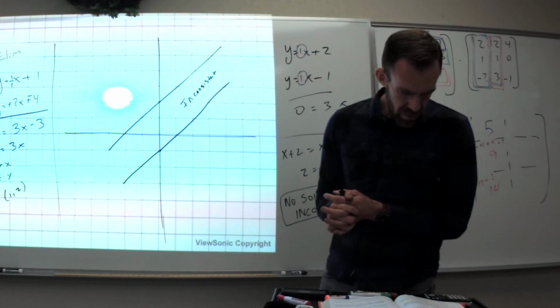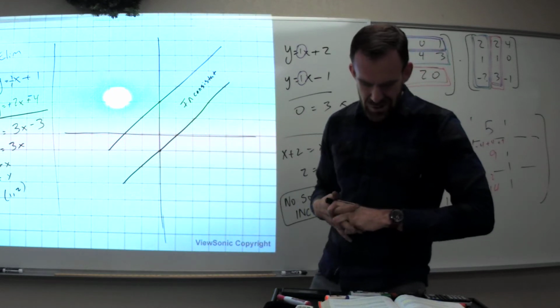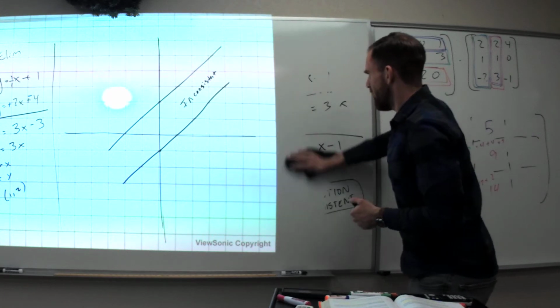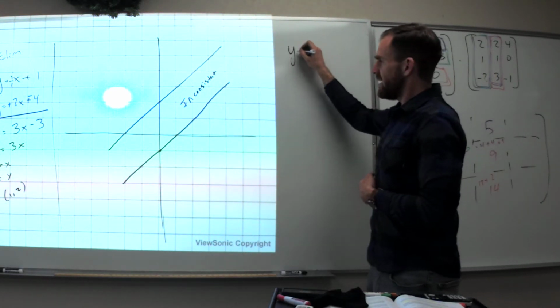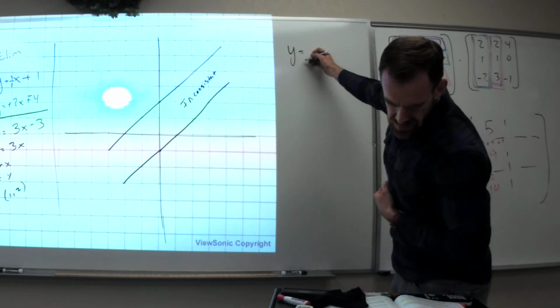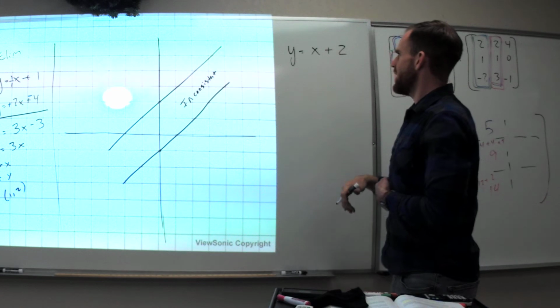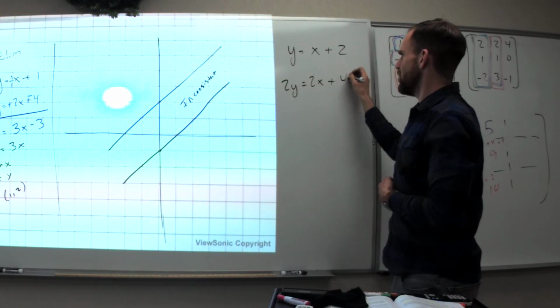Now, what about this? We also have equations like this one. y equals x plus 2, and 2y equals 2x plus 4.